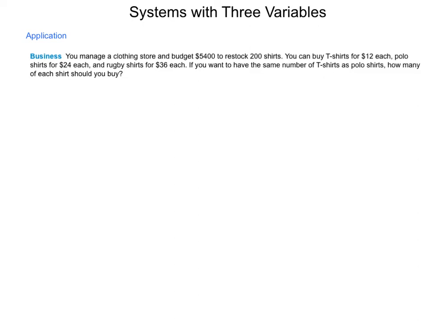If we have T, P, and R as our variables for t-shirt, polo, and rugby, we will have the following. T plus P plus R has to equal 200. That's simply saying the number of t-shirts, number of polo shirts, number of rugby shirts is 200.